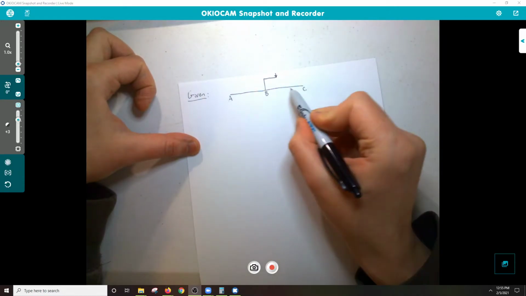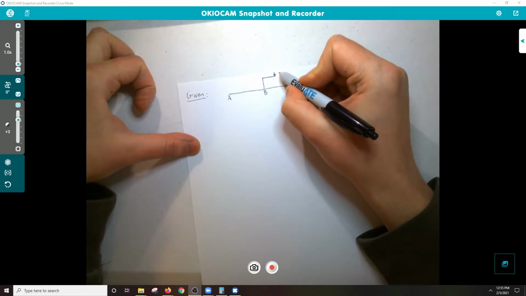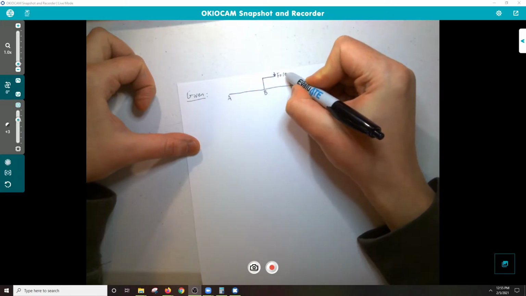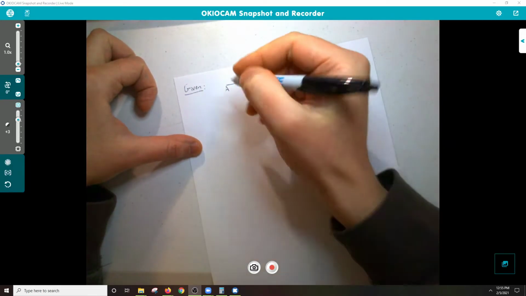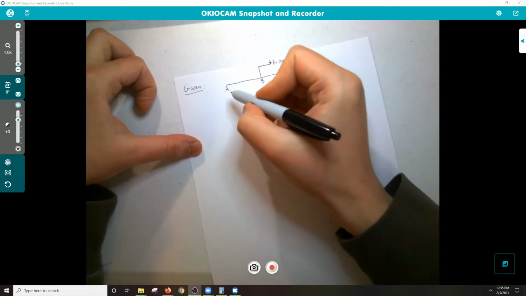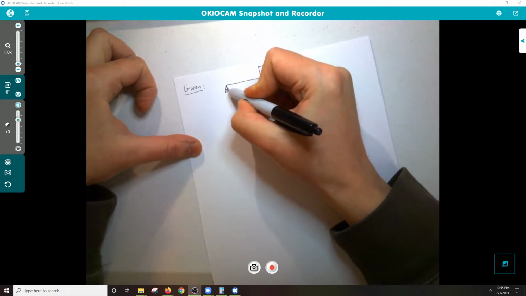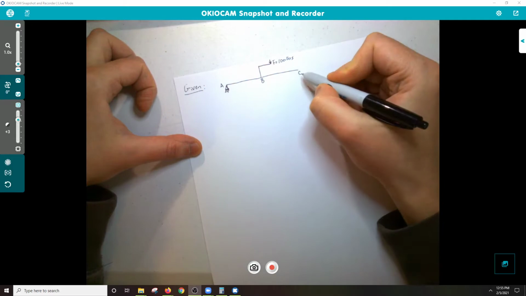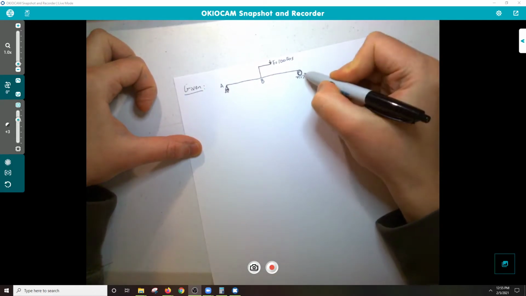This is why I call it the coat hanger problem. It kind of looks like a coat hanger. But we have a force that's being applied here at 100 pounds. I should have drawn this out differently. We have our pivot there at A, and the roller here at C.